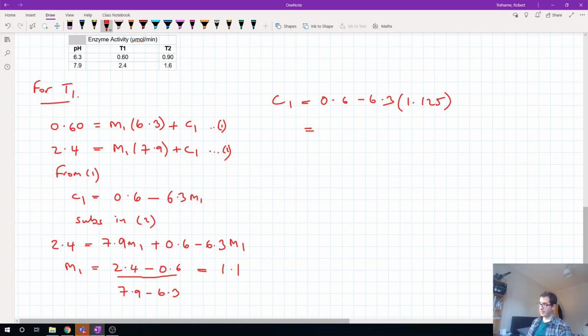So I actually get a value of c of minus 6.5 to 2 sig fig. Okay, right, so that's the first line done. Let's highlight those.